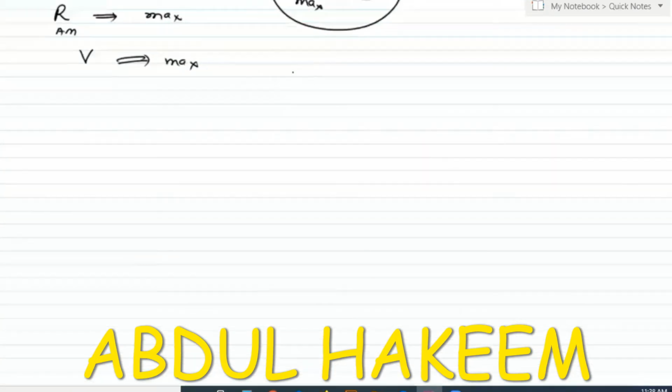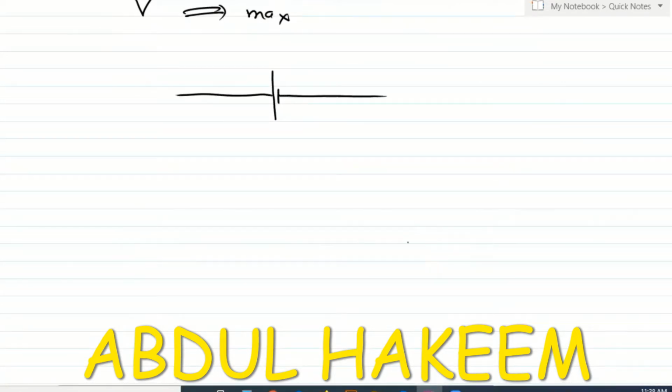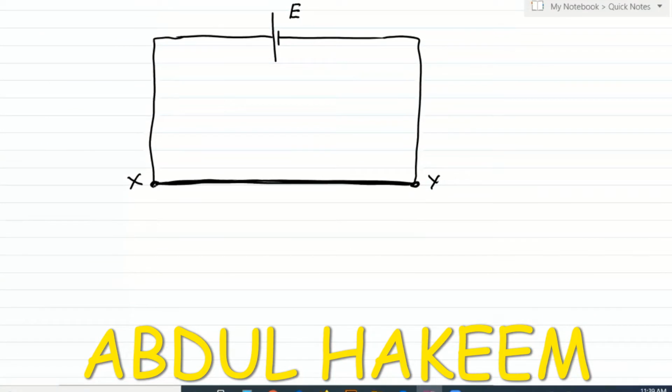Now, come to the potentiometer circuit. This is the known cell with EMF E with negligible internal resistance. It is connected with two wires of negligible resistance. So this point is X, this point is Y, and the resistance wire is connected between X and Y. Now we have an unknown cell, unknown battery.